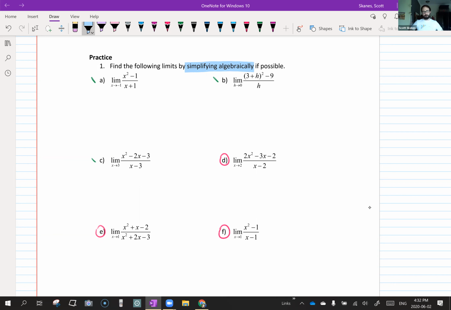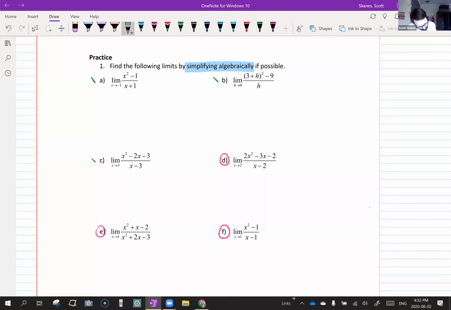Do you remember? No, even before factoring, there's something I said was super important. The very first strategy, and that's direct substitution. There is no reason why you should do another type of strategy if it can be done by direct substitution. So at least take a look at it and see if it would work.